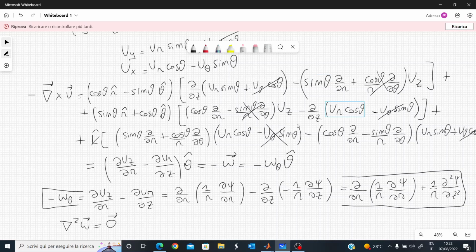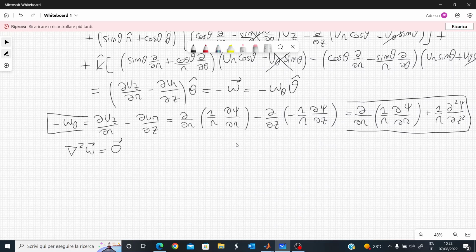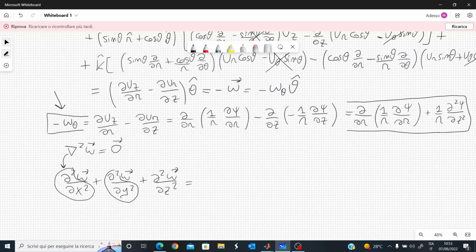This equation should be satisfied, and we can rewrite this equation in cylindrical coordinates. So this is one last step. So we find this equation here, and then we turn this equation into cylindrical coordinates. So in principle, we have d squared omega dx squared plus d squared omega dy squared plus d squared omega dz squared. And we have to transform these derivatives, d squared over dx squared and d squared over dy squared.